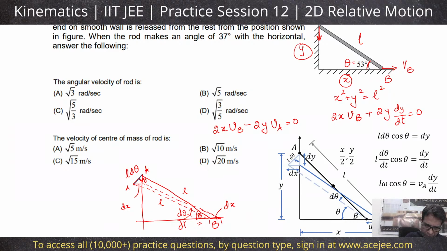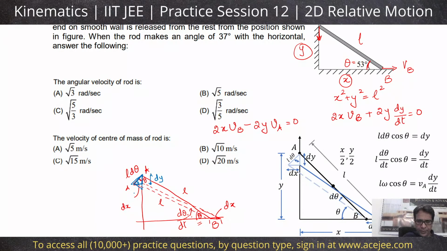So now let's look at this triangle. This angle is nearly 90 degrees. In fact, we're not interested in this triangle, we're interested in this triangle. This is the distance by which A has moved finally. This is dy.